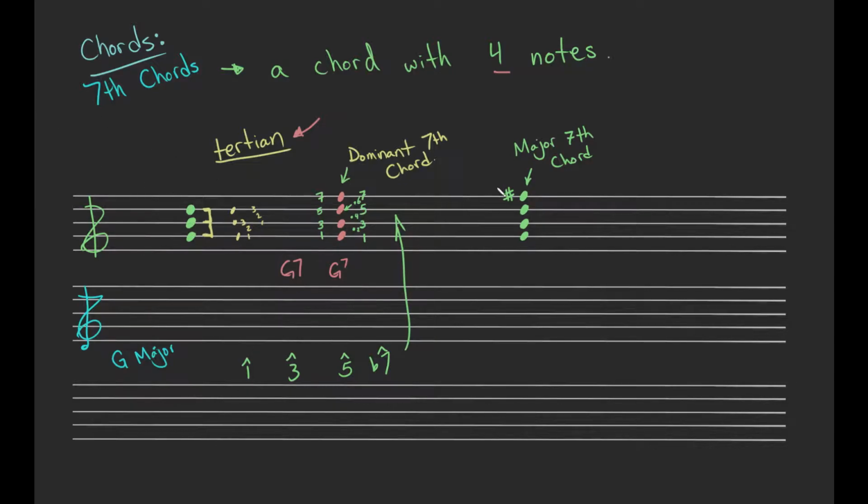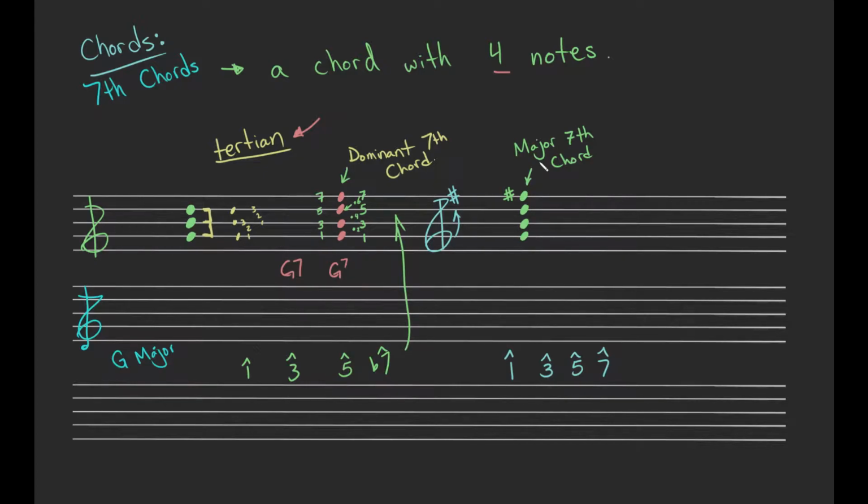Okay, to have a major 7th chord, all you need is the root, the third, the fifth, and the 7th. Okay, so the normal 7th, and remember in the key of G major, it looks like this. G major has that F sharp, so because the F is sharp, it fits in this key. G is 1, 3 is B, 5 is D, and 7 is that F sharp. So these all work in the key.